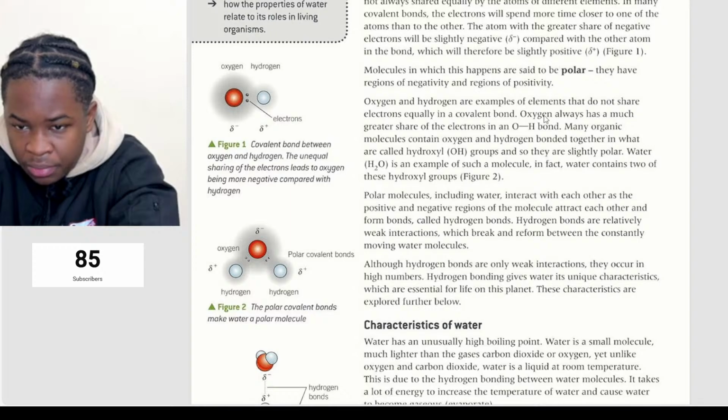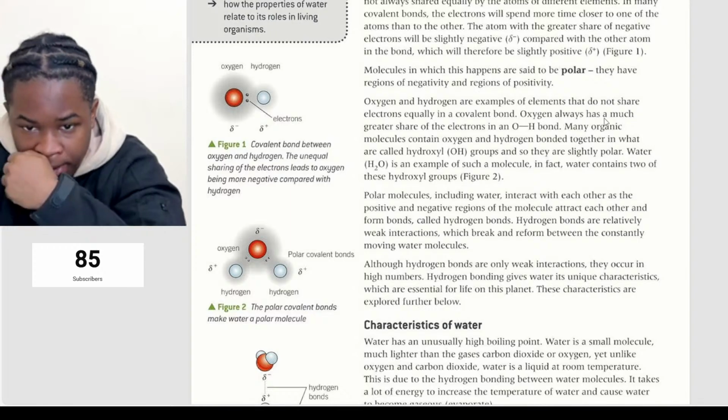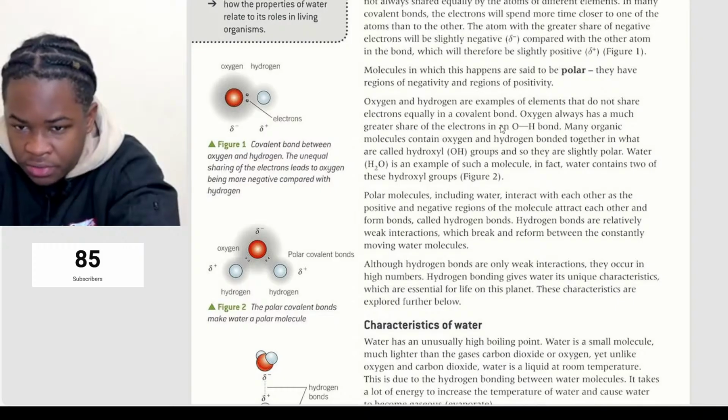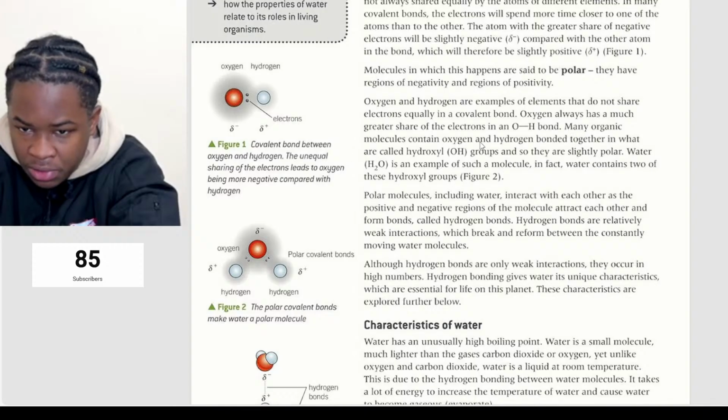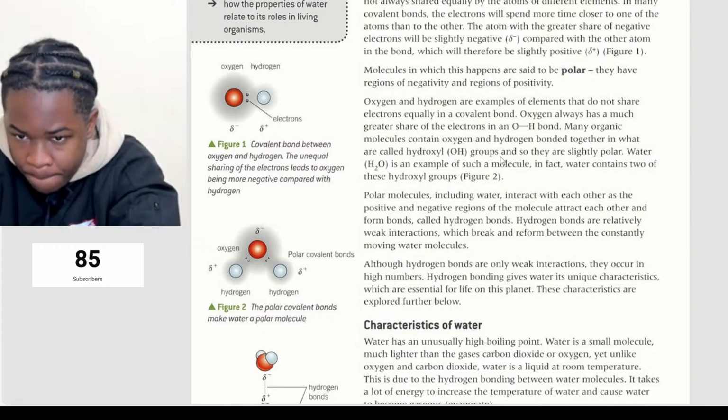In a covalent bond, oxygen always has a much greater share of electrons that makes it more negative. In an O-H bond, many organic molecules contain oxygen and hydrogen bonded together in what are called hydroxyl groups, and so they are slightly polar.